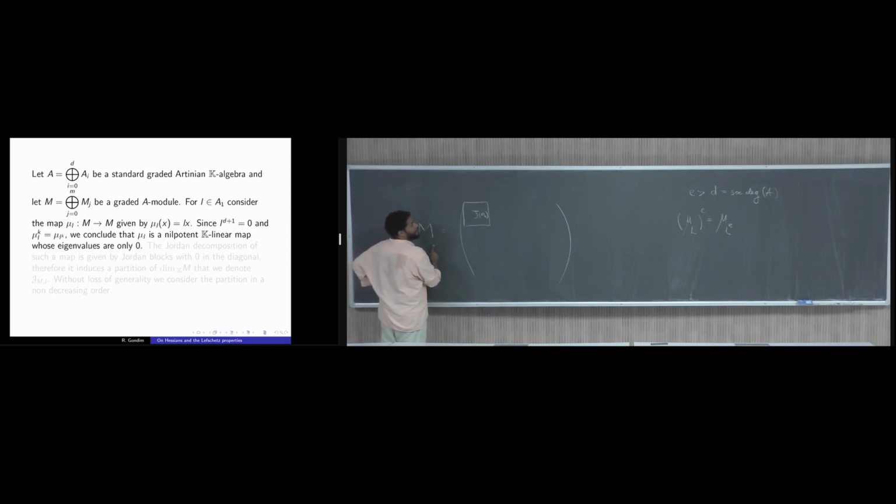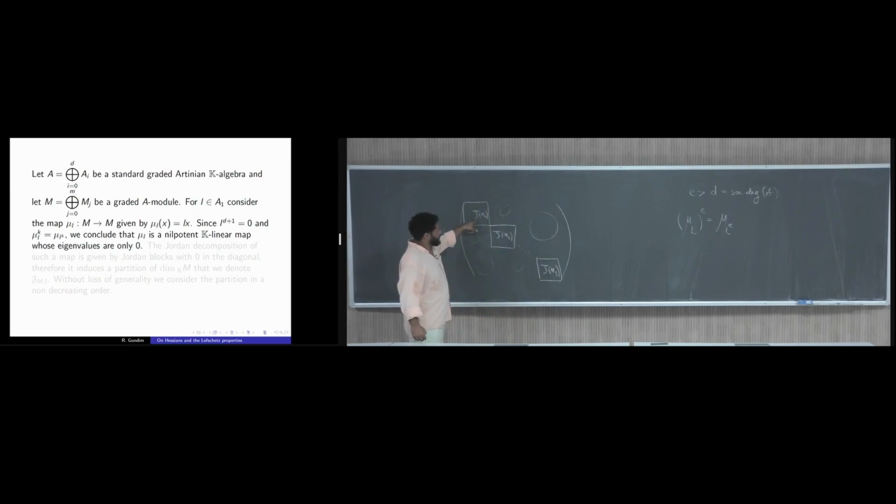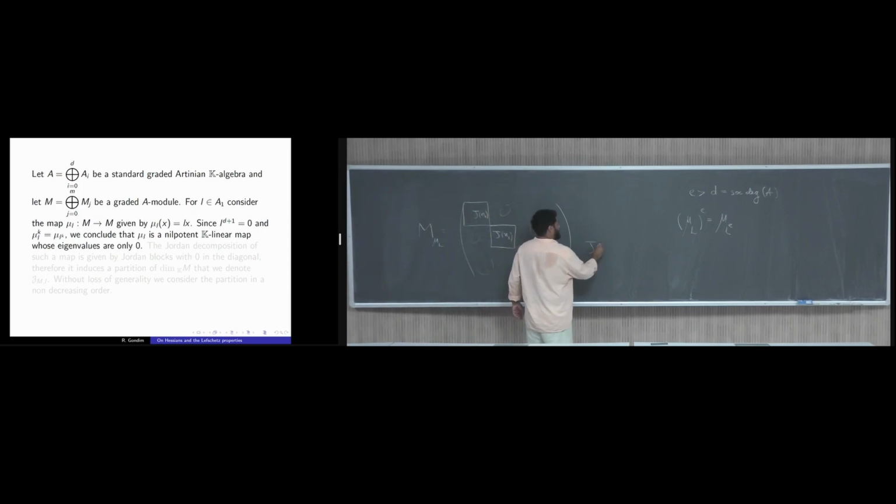It's the matrix of mu L, it's 0 here, and inside we have these Jordan blocks of size n_i, which have 0 in the diagonal, one here, 0 here.